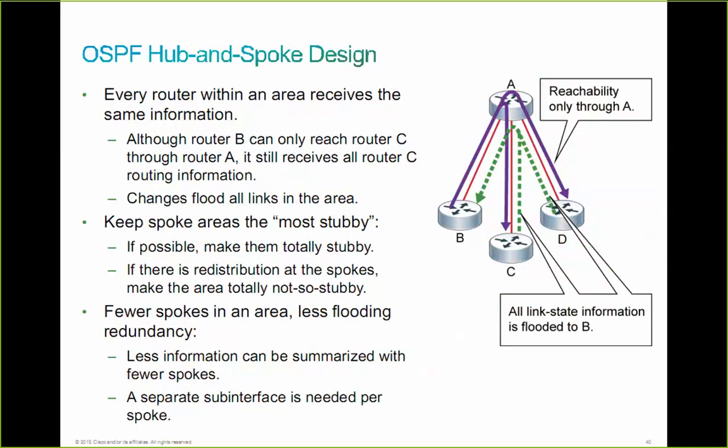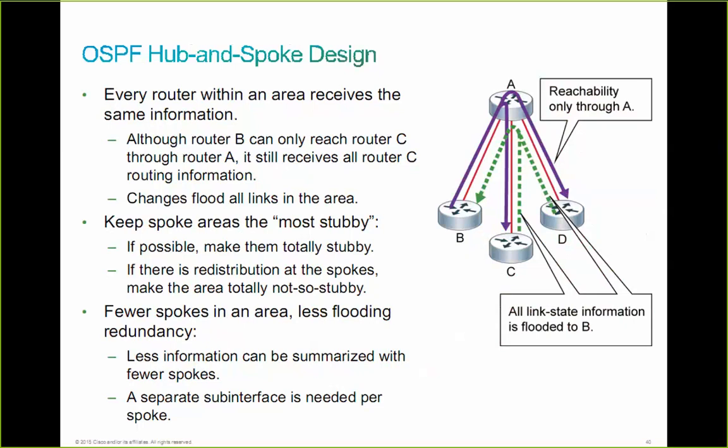Totally stubby areas, if you can implement them, are better than stub areas because, hey, if I can route with a default route, why not? If I only have one ABR in an area, why do I need to inject any routes into that area? Why can't I simply rely on a default route, use the type 1s to communicate within the area, and then use a default route to leave the area?